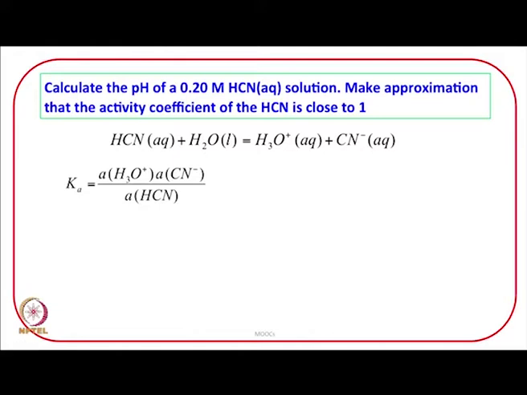We also wrote the expression for Ka, and we came up with this expression, that activity of H3O plus is equal to the acidity constant into concentration of HCN, in mole per liter, raised to the power 1/2.